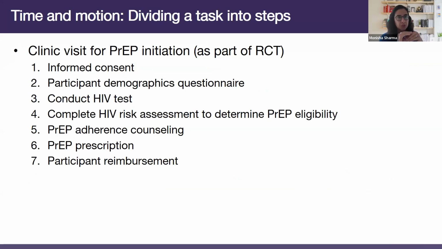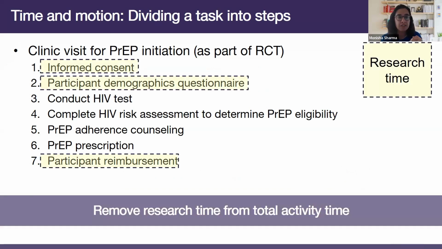And so if you were doing a time and motion as part of a randomized clinical trial, your steps or activities within a clinic visit for PrEP initiation might look like this. And so here you have informed consent and a demographics questionnaire, because you're conducting research on who initiates and continues PrEP by their demographics.